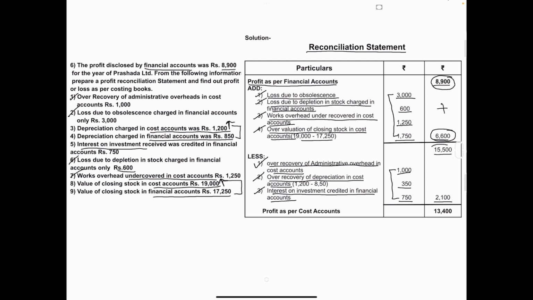From 15,500 minus 2,100, the final amount you will get is 13,400, and this is called profit as per cost accounts.